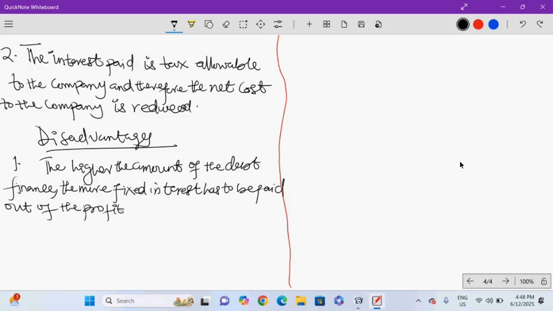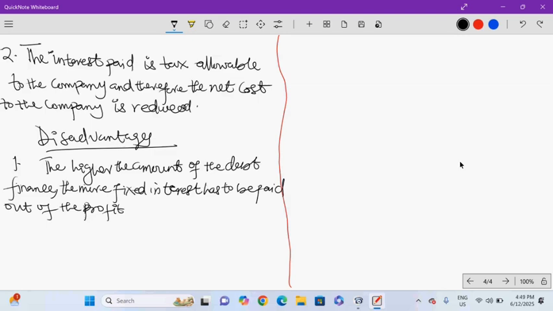So it is on this same profit that we declare dividend. So if you are going for more debt, it means you are going to pay more fixed interest. And if you are paying more fixed interest, you are reducing the shareholders' dividend, because it is out of the profit declared that they get their dividend.